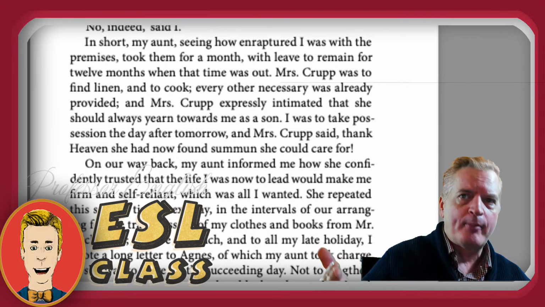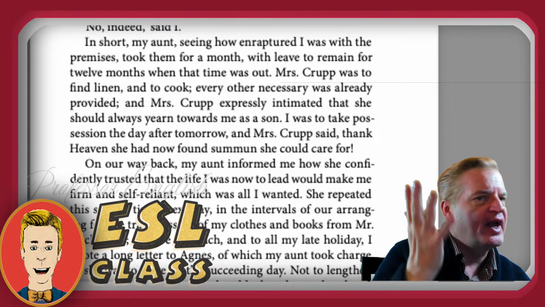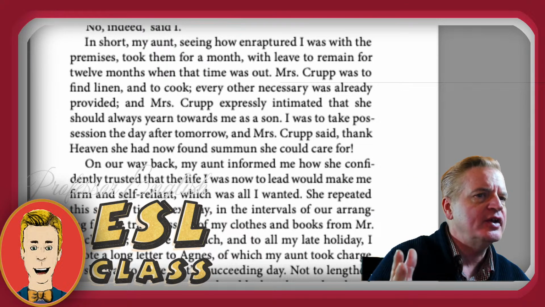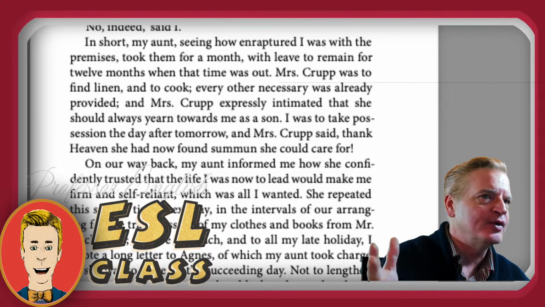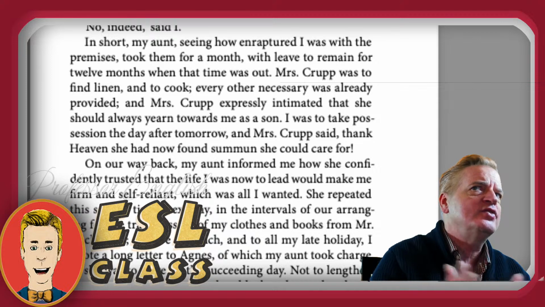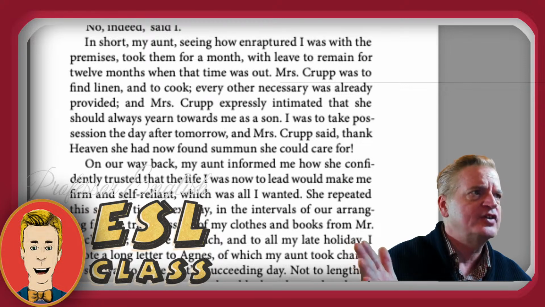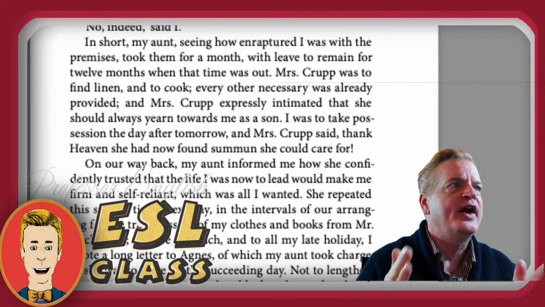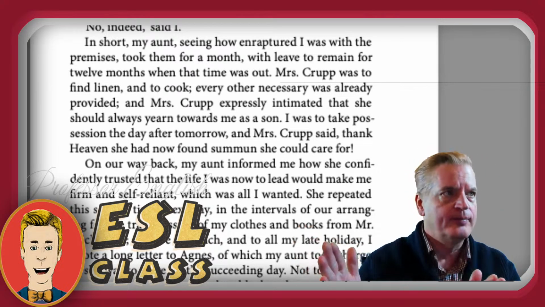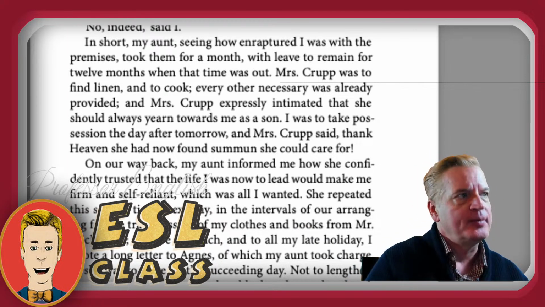We're not focusing on this vowel sound today, but we have to practice it a little bit because it's part of the stressed syllable. So it's really important. Because the way that we can stress the word is making the stressed syllable longer. So we say seeing how enraptured, seeing how enraptured I was with the premises.